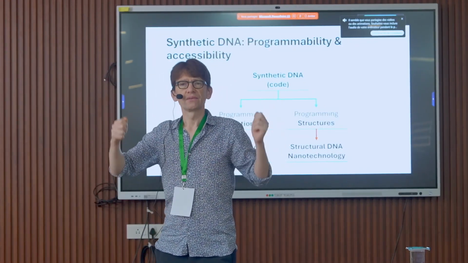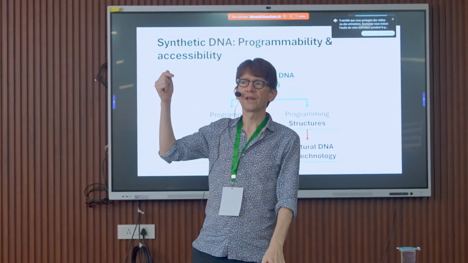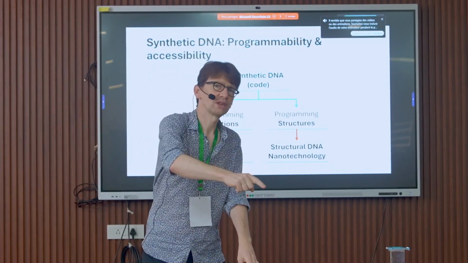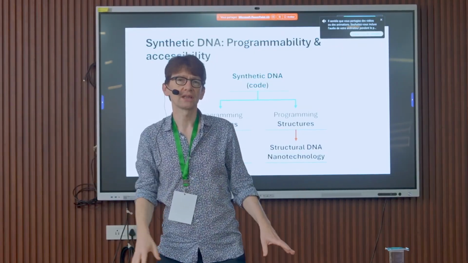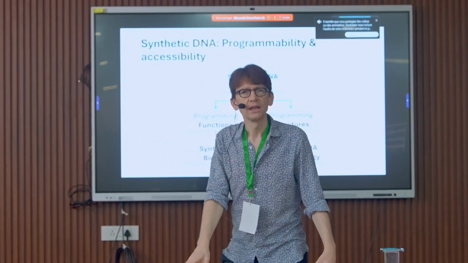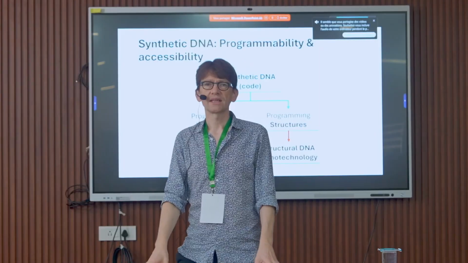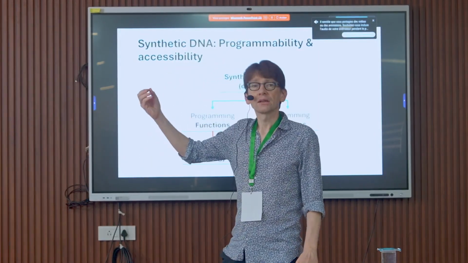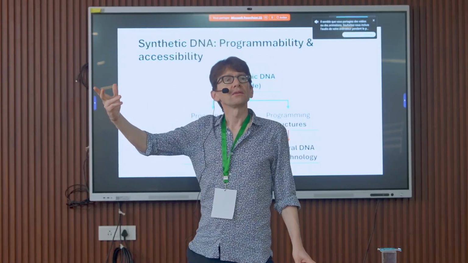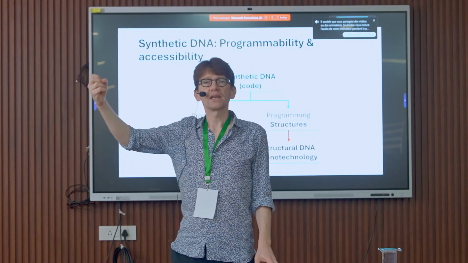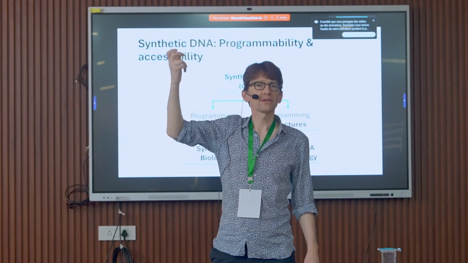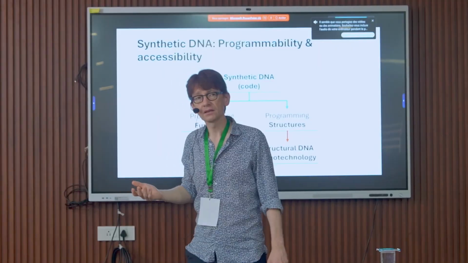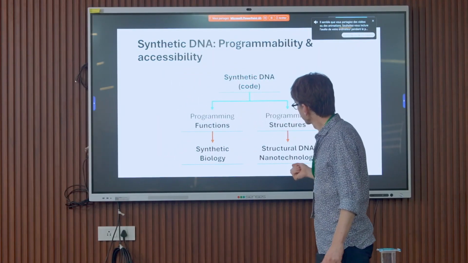And of course, it's a very brute approach. First, you need to find the right cells, and you need to kill them efficiently. At the same time, you don't want to kill the other cells. Something very difficult, and cancer is very difficult for that, because you have to kill the cells of a given person. So with synthetic biology, you can put in a program, for example, to tell cells, okay, if you become cancerous, just kill yourself, and you just use the biology to do that. So it's very interesting as an approach.